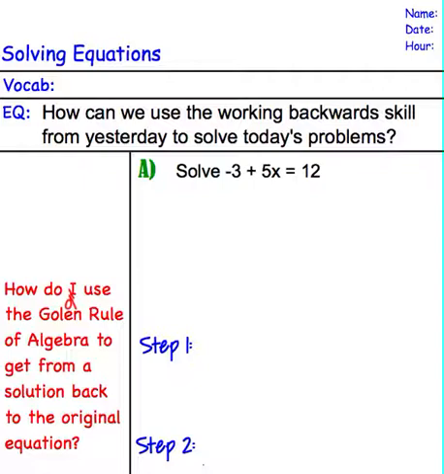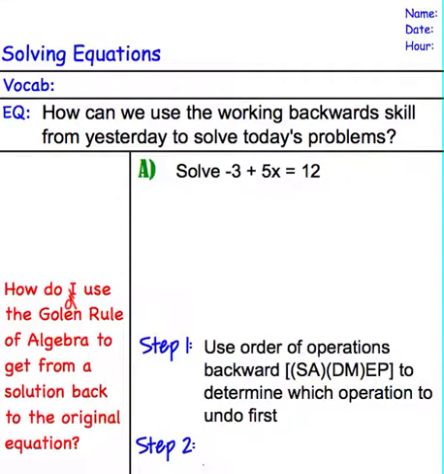So our first example here is solving -3 plus 5x equal to 12. We're going to use order of operations backwards. I refer to it as SADMAP instead of PEMDAS to determine which operation to undo first.